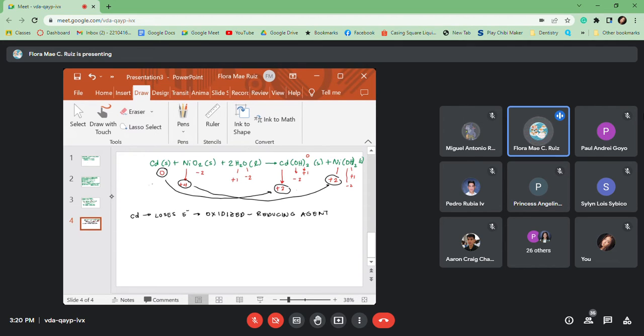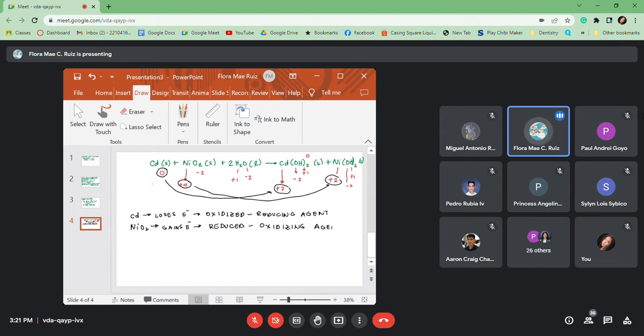The oxidation state of nickel decreases as NiO2 is converted into Ni(OH)2. Thus, your NiO2 gains electrons, and by definition, when you gain electrons, you call that species reduced, and this is your oxidizing agent.